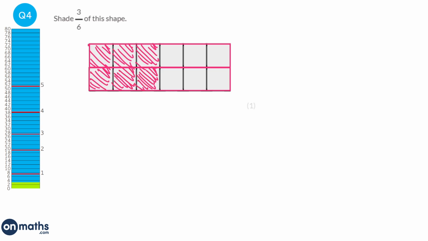And that's our answer. Now you might notice that 3 over 6 is the same as a half, because we can divide by 3, and so all I need to do is shade in a half. Or you might convert 3 over 6 into 6 over 12, and there's 12 squares altogether, so it's 6 of the 12 squares. There's lots of ways of doing this question.